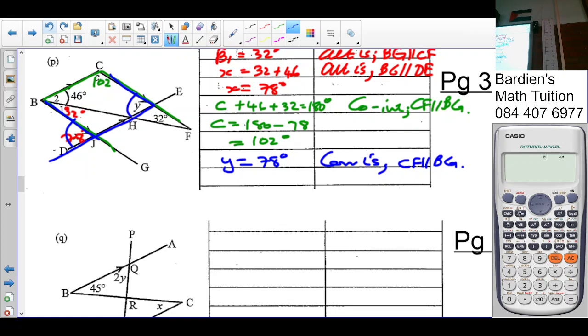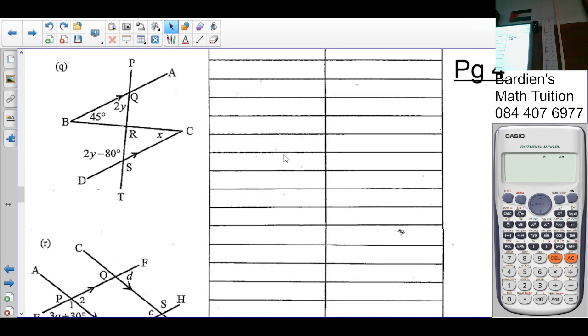Okay. Any confusion here? Right. So we're going to page 4 now. I'll give you a couple of minutes to sort out Q. If we're done with Q, move on to R. At this point, I'll pause the video as well.